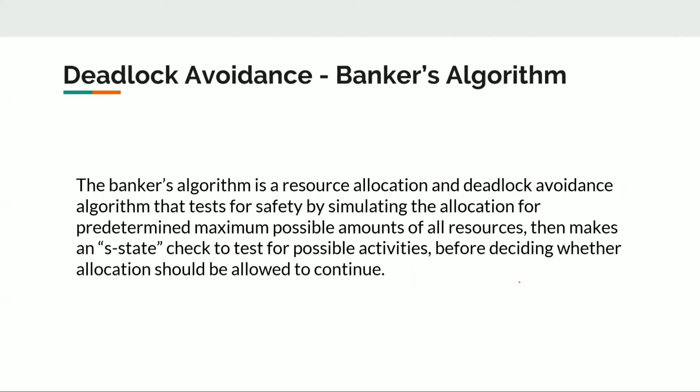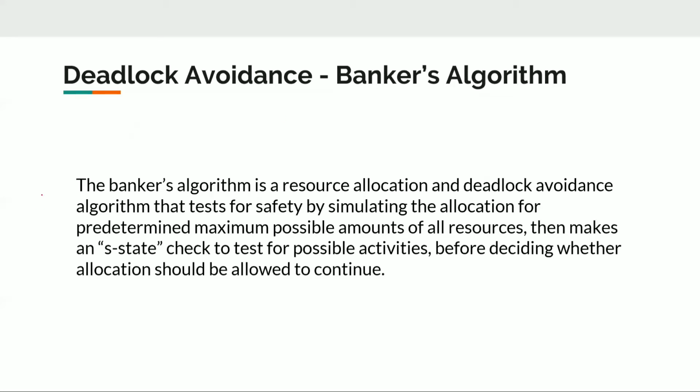So moving further, see, this is just a star mark. It would be good if you have a pen and paper, because we will be solving a numerical now. Okay, so what Banker's algorithm says is, it is a type of deadlock avoidance, by the way.